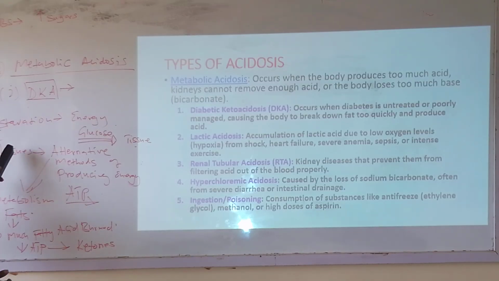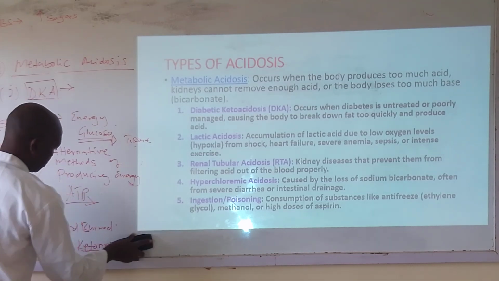But because the tissues have been deprived of glucose due to issues in insulin, they have no other way than going to fatty acid metabolism, to see if it can produce some energy to survive. So it burns too much fatty acids, the energy produced is very little, and in the process of burning these fatty acids, ketones are produced.